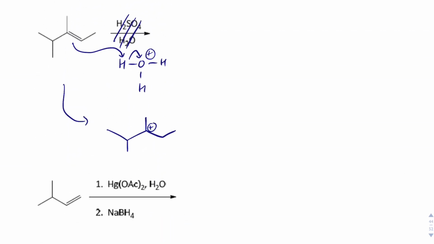That is tertiary, but we could hydride shift or methyl shift if needed to. That can happen here, and so that's why it's not ideal to use H3O+, but sometimes you don't have any options. Water comes in, adds to the positive.